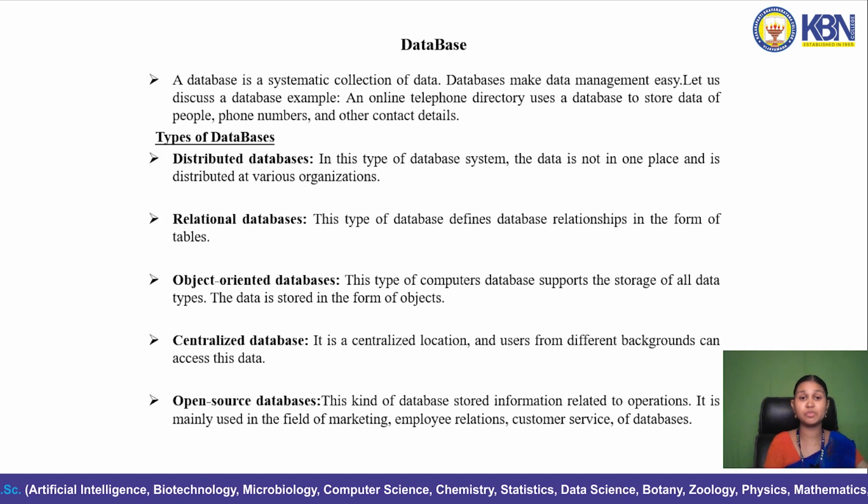The data must be stored in the form of objects only. And the next one, centralized database. The centralized location means users from different backgrounds can access the data. Next, open source database. This type holds information related to operations. It is mainly used in marketing, employee relations, and customer service databases.